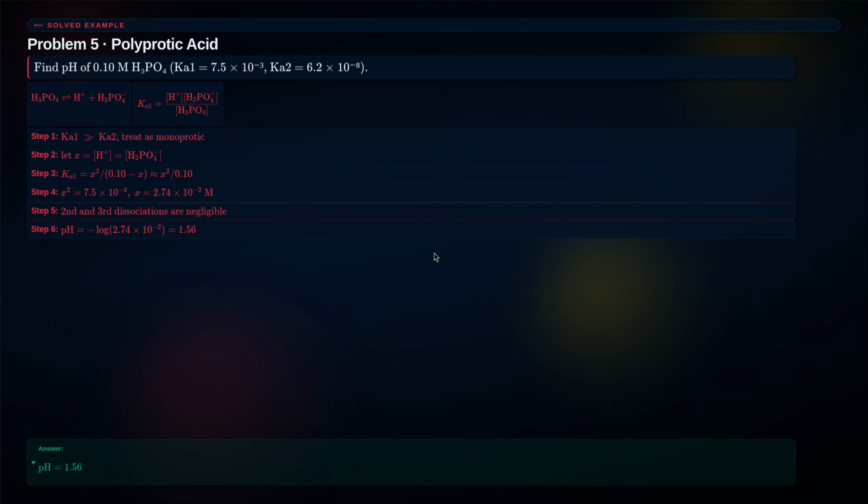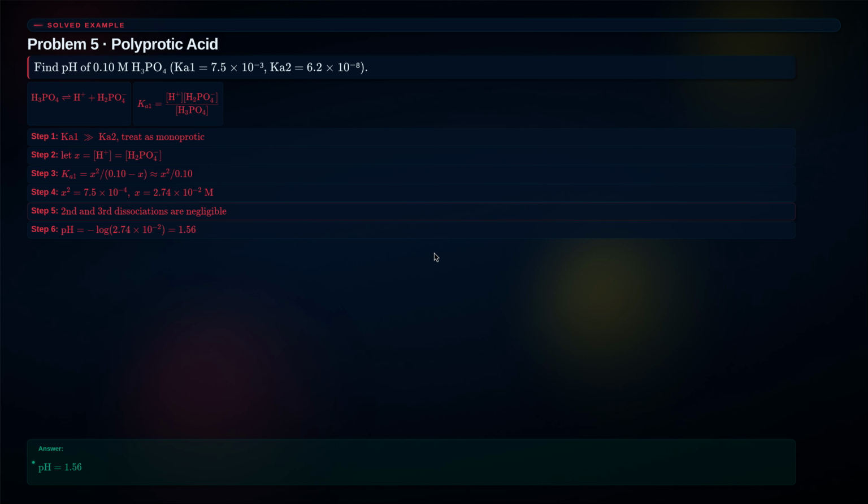Step 2. Setup. Initial H3PO4 is 0.10. Change is minus x. Equilibrium is 0.10 minus x. H+ and H2PO4- both end at x. Step 3. Ka1 equals x squared over 0.10 minus x.